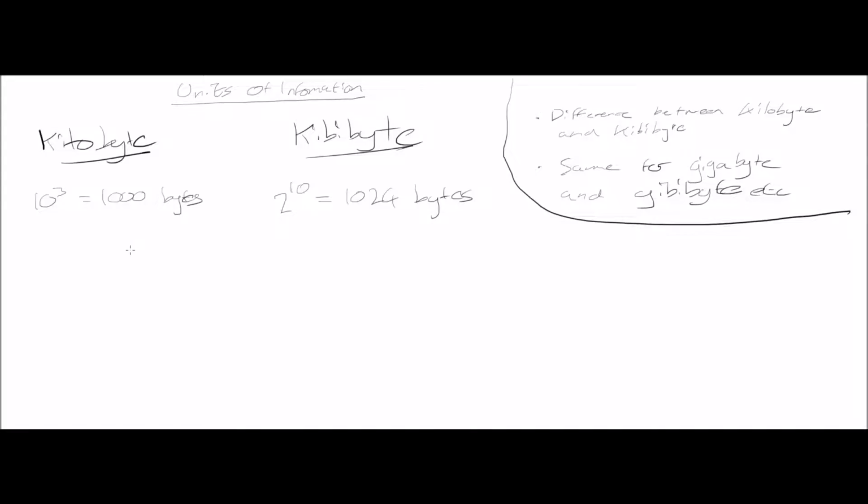So if you're defining these terms, or the question might be to state the difference, you can just say that a kilobyte is 10 to the 3 bytes, and a kibibyte is 2 to the 10 bytes.